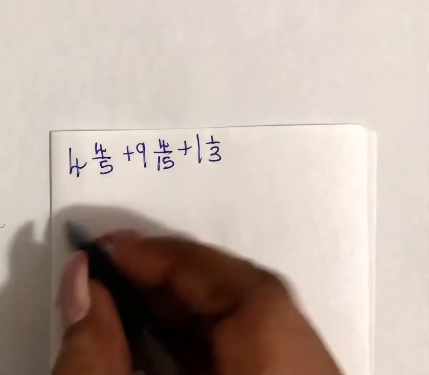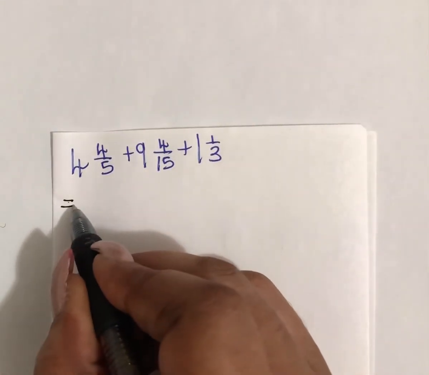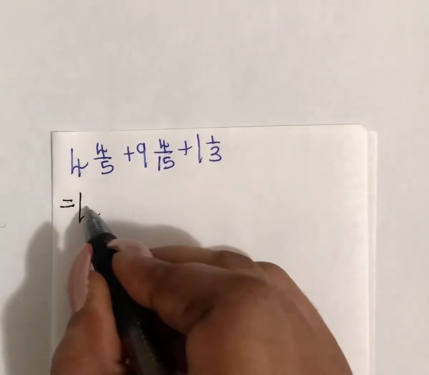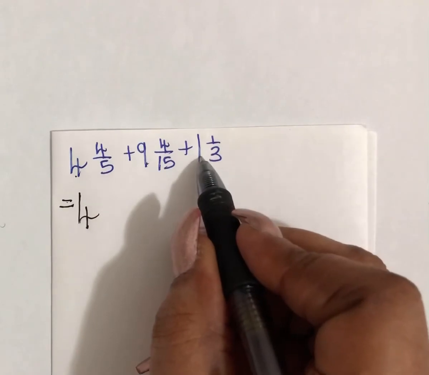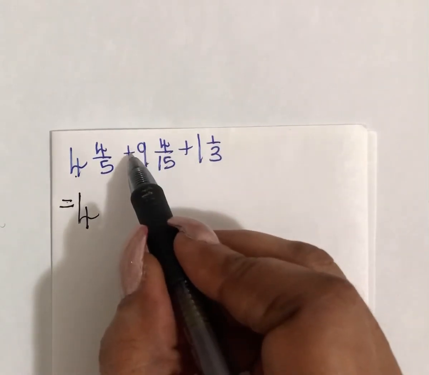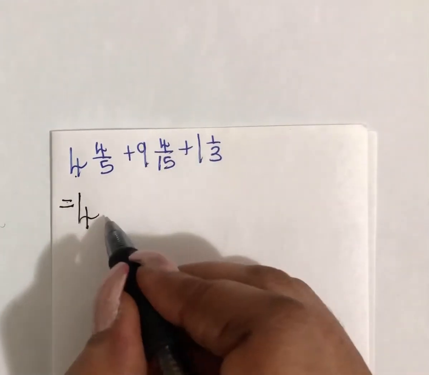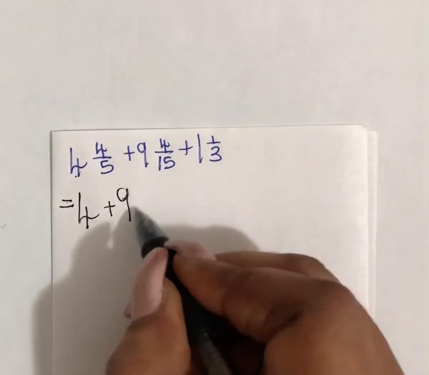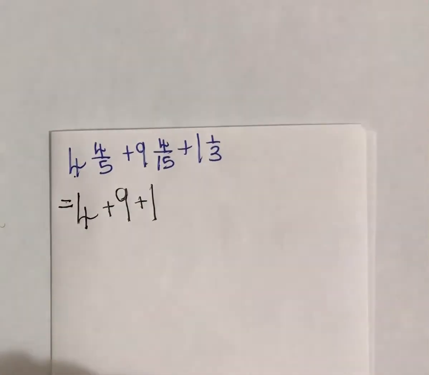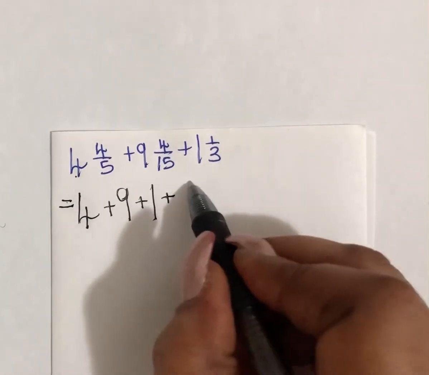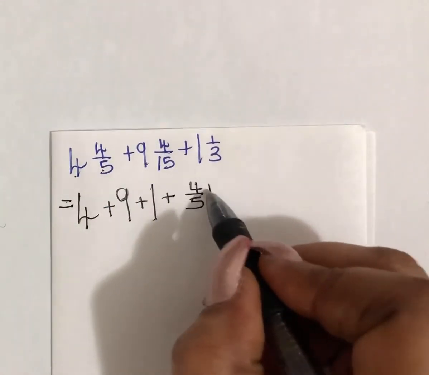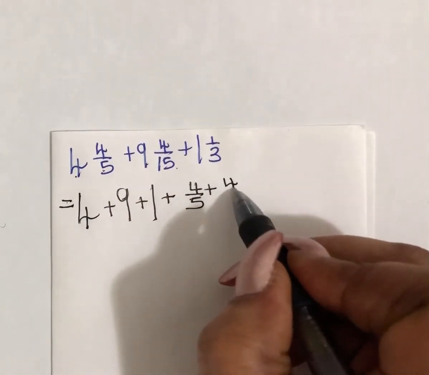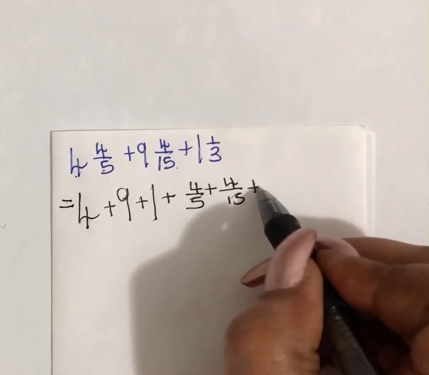So the method I am going to use here will be to remove all of the whole numbers. 4, 9, and 1. They are all connected by the addition sign. And then we are going to put the fractions together. 4/5, 4/15, and 1/3.